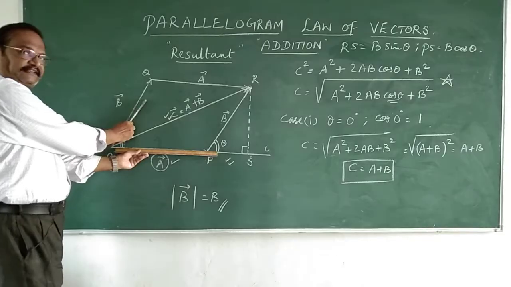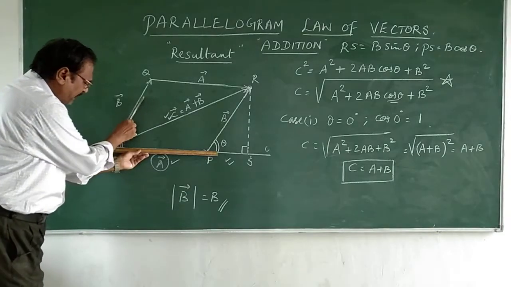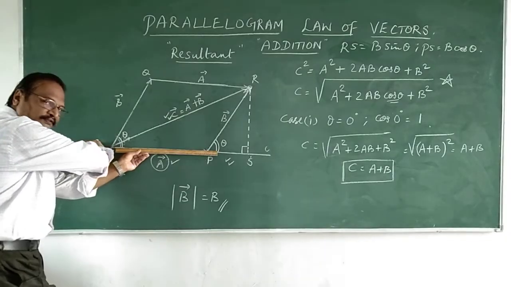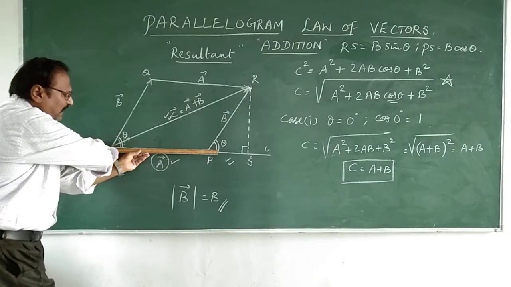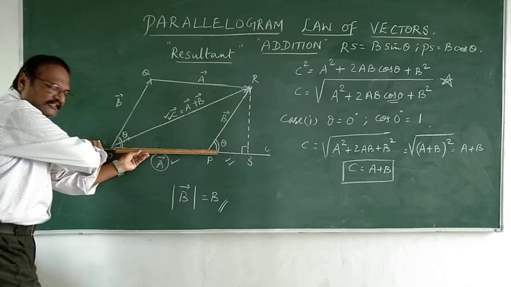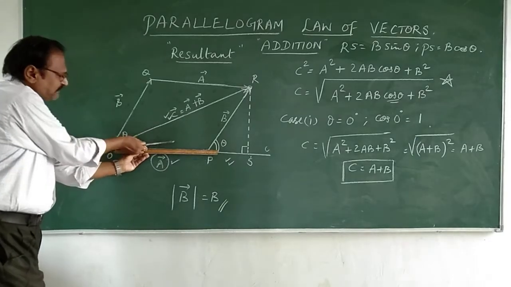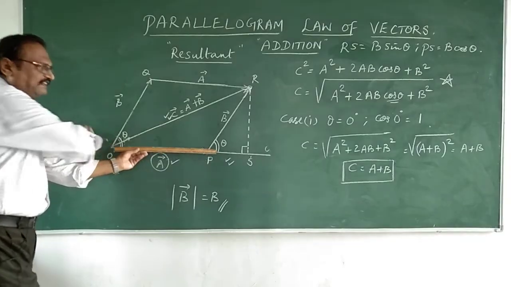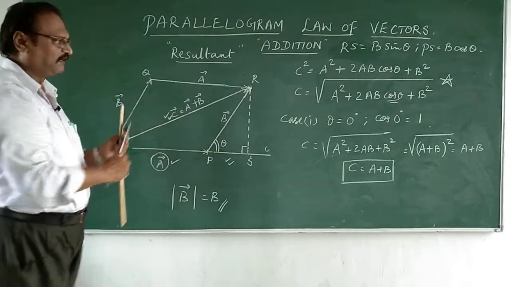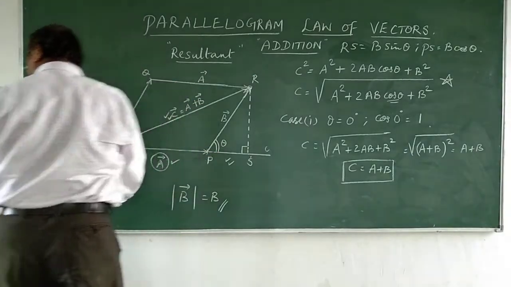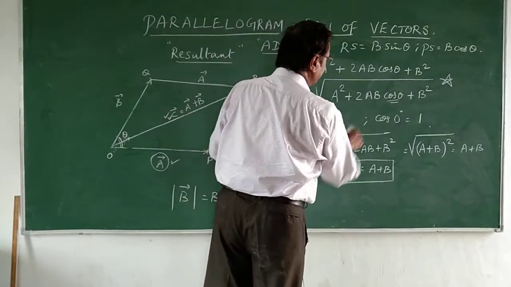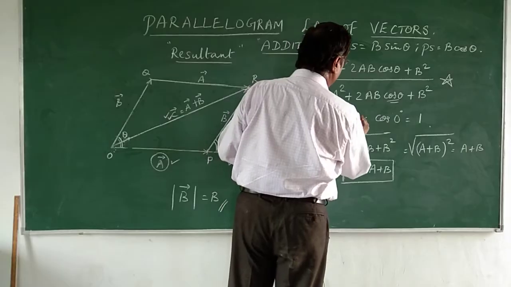Vector B is subtending an angle theta, but I change this theta in the opposite direction. That means they are non-collinear. One is 0 degree, 90 degree, 180 degree. It is in the opposite direction. Then what will happen to the formula? Let us see what will happen to the formula. Theta is equal to 180 degree.